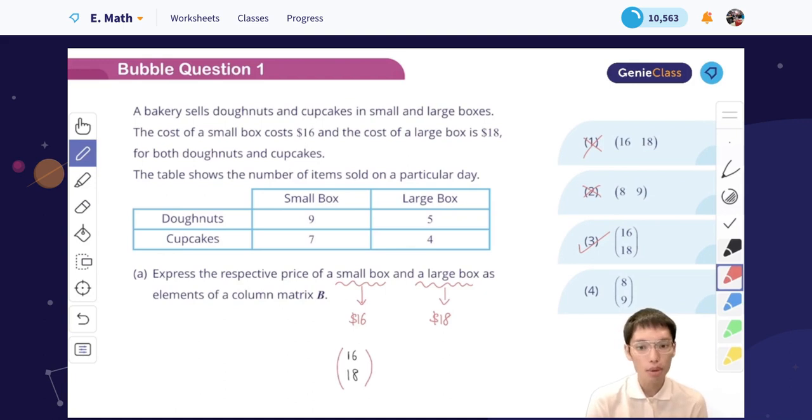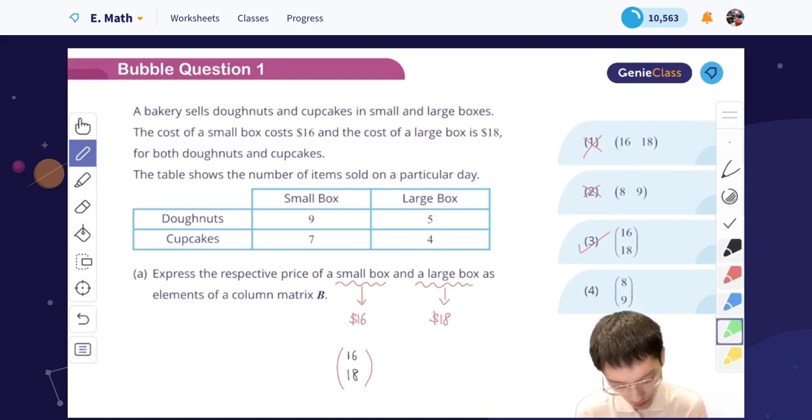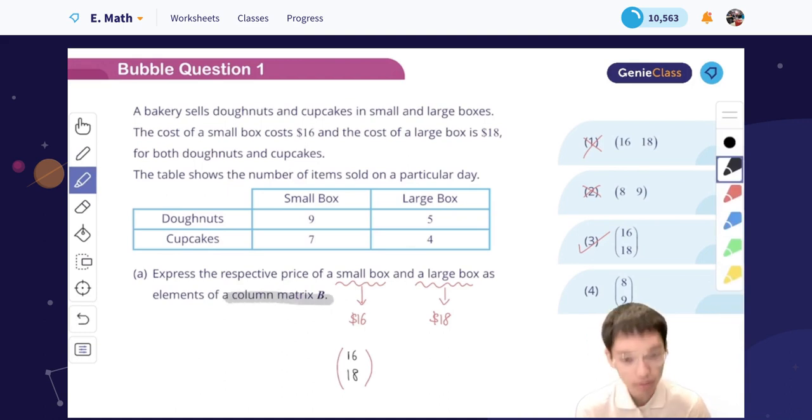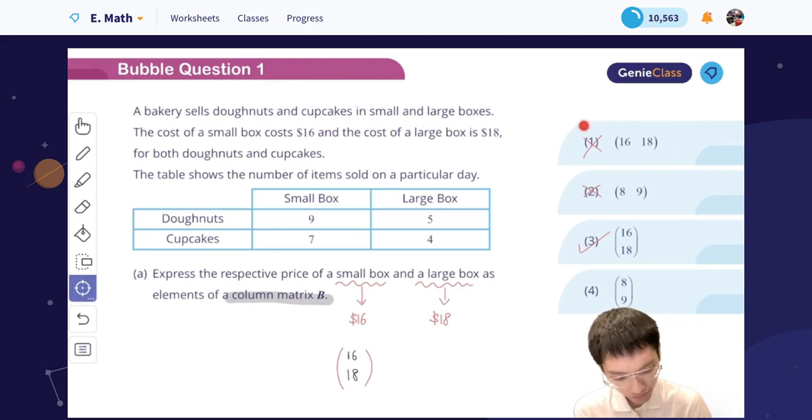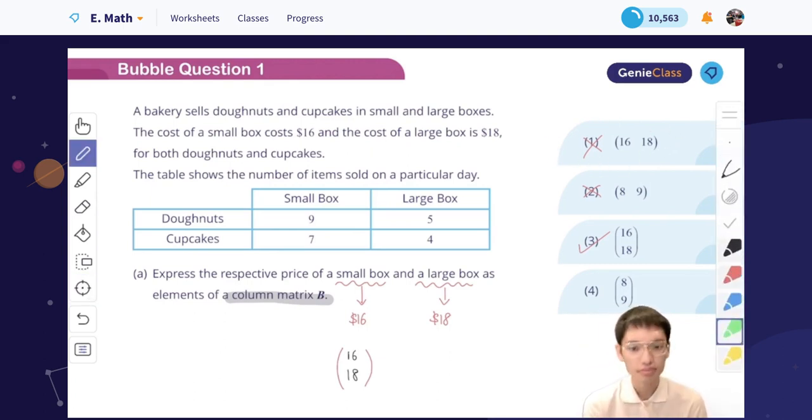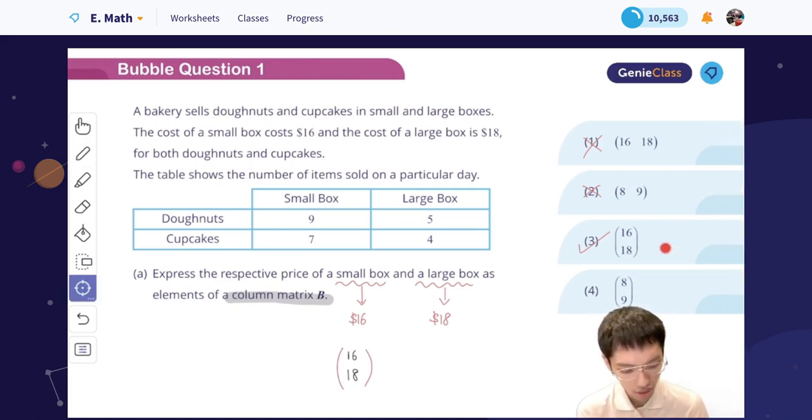Why is it not number 1, Jenna? Okay, take note. Look at the question. What does the question say? Column matrix. Is this a column matrix over here? That's a row. So that's why 1 is not accepted. Take note. Look at the question. Question says column. We give it a column.